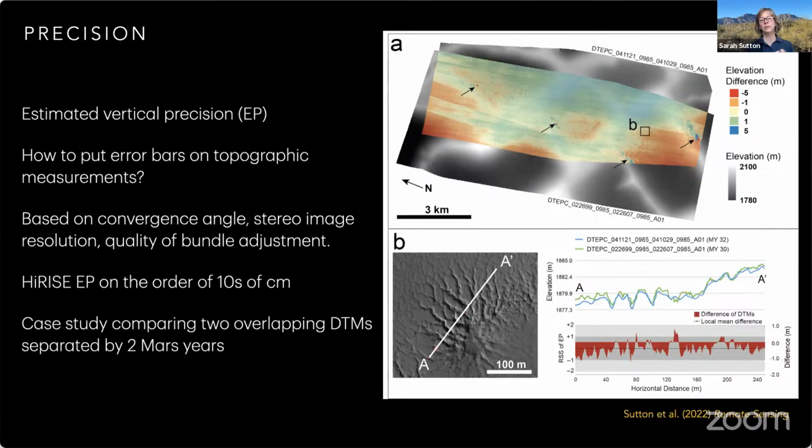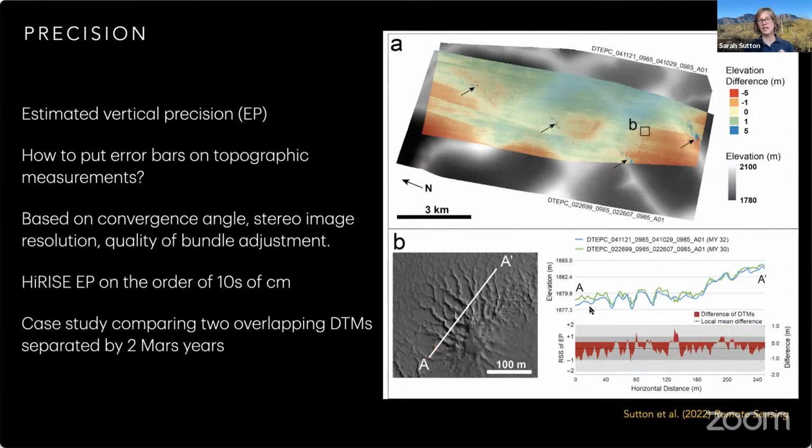I'm trying to explain here how to measure and combine the error in both models to know whether the differences are due to just intrinsic noise in the terrain models, artifacts, or actual changes in topography.